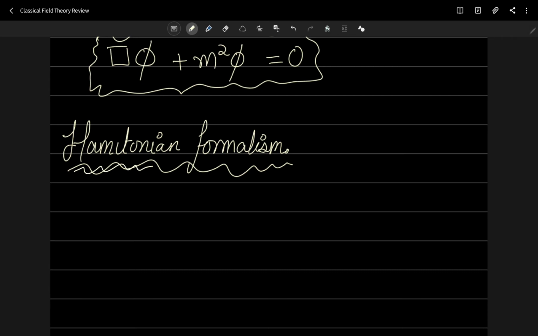In the Hamiltonian formalism, we calculate conjugate variables and impose canonical, or you could say algebraic, commutation relations.